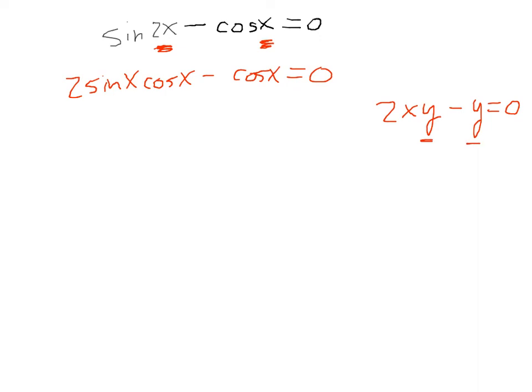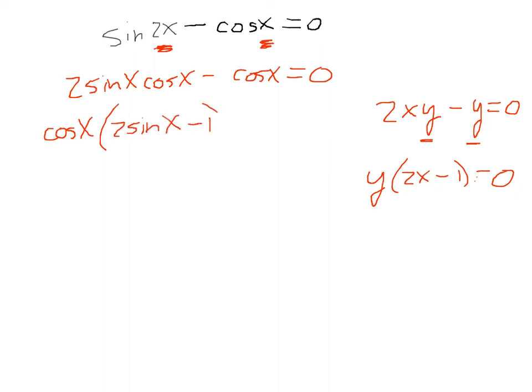There's a y common to both, so I can factor that out, and y times 2x minus 1 equals 0. And so if I use that same property over here, I'm going to rewrite this as cosine x times the quantity 2 sine x minus 1 equals 0.